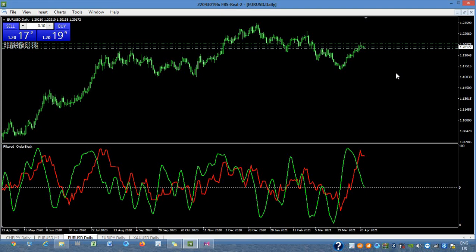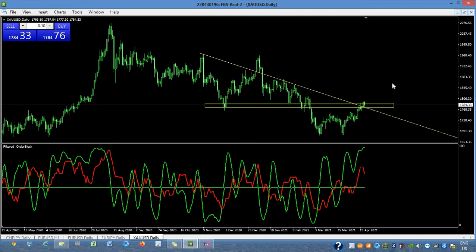The daily time frame of Euro USD is telling you that the trend will go down. So that's it, guys. Anyway, we have no trade for gold because it's still in the buyer's area. As you can see, the order block indicator is telling you that this is up.